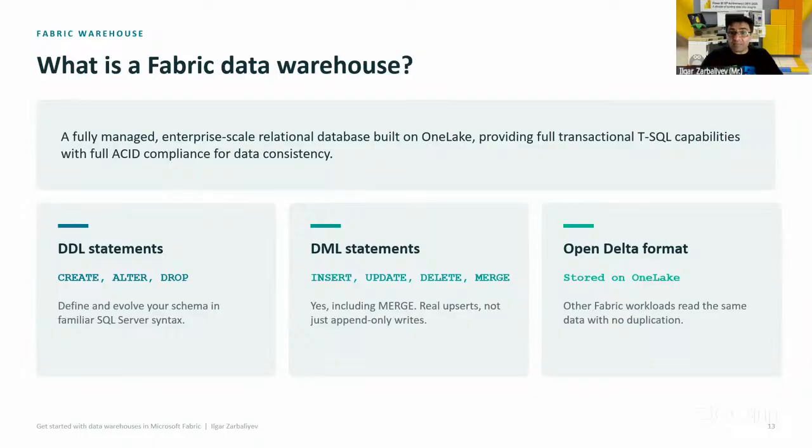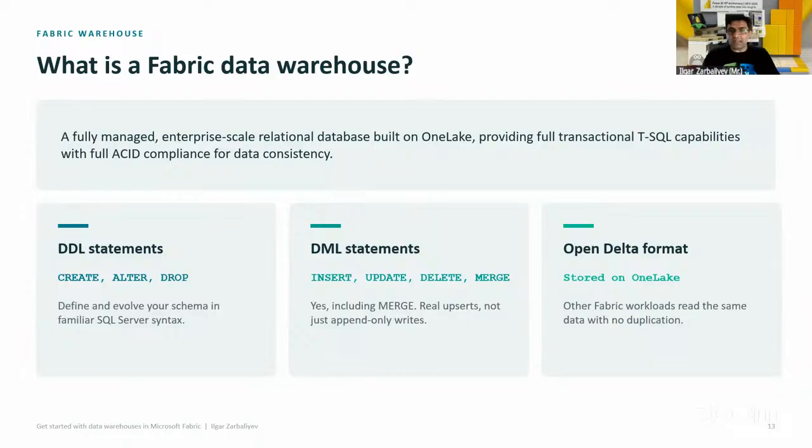Third, and this is the architectural piece, data is stored in open data format on OneLake. That means other Fabric workloads can access the same data without duplication. Your Spark notebooks, your lakehouses, your Power BI semantic models, your data agents all read the same files, not a copy, the same files.